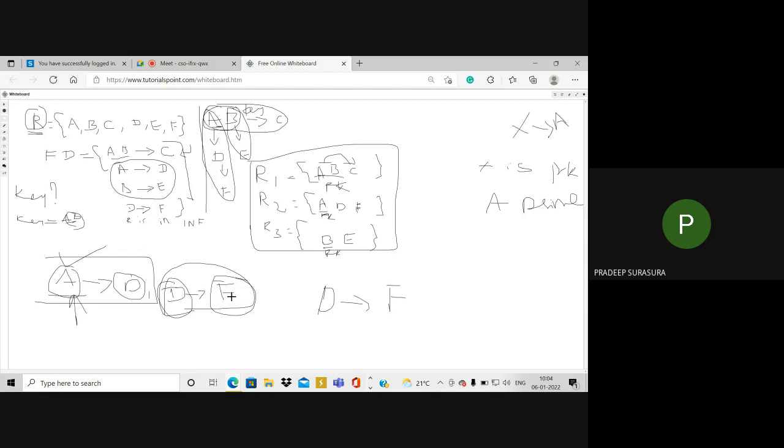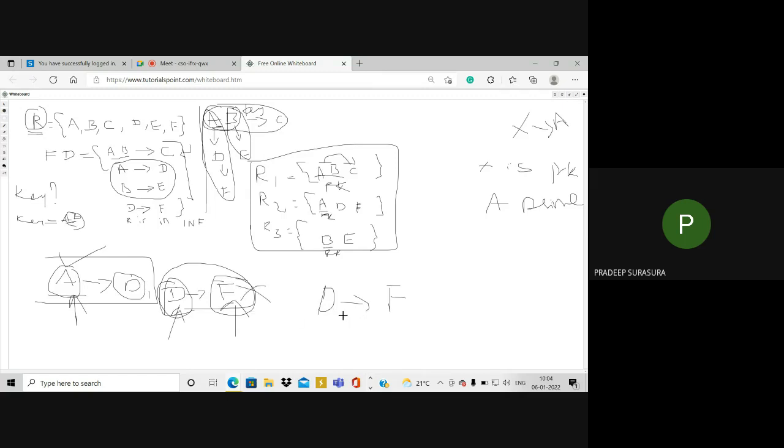And finally, D determines F. When I observe, D is not the key, and F is not the key either. So both are non-prime attributes, and when both are non-prime attributes, this violates third normal form.